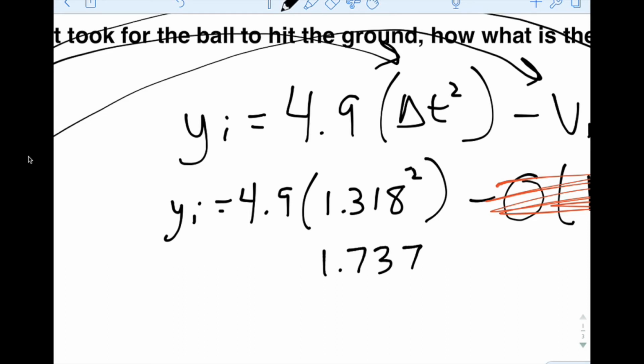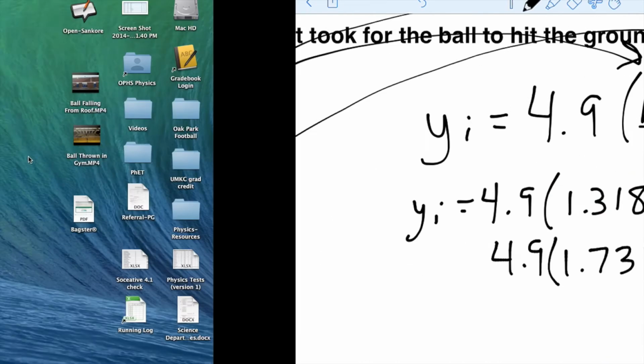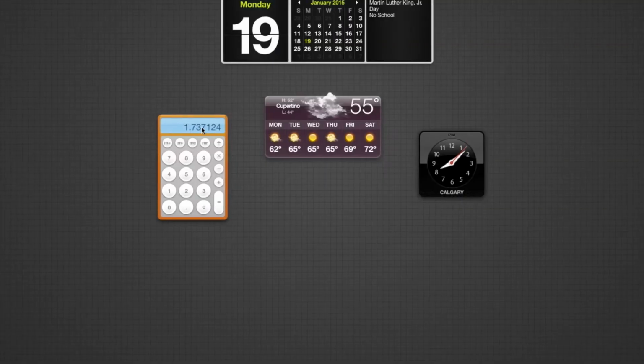And now it's actually more than that. I'm not going to write the whole thing out, but I am going to leave it on my calculator. See how I left all those digits on my calculator right there? Now all I have to do is just hit times 4.9, and now I have a really accurate number, and I didn't lose any accuracy, so I've got 8.51.